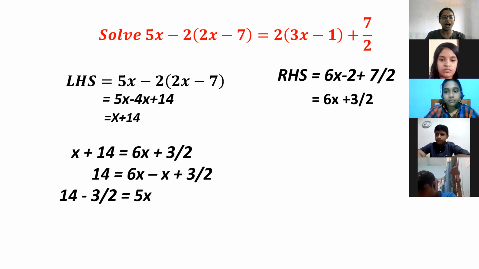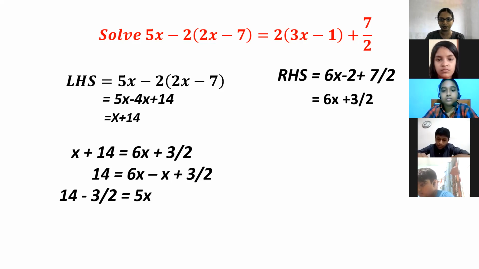Then how will you subtract 14 minus 3 by 2? We know the subtraction of rational numbers. Using the subtraction of rational numbers, we have to find the answer of 14 minus 3 by 2. 14 can be represented as 14 by 1. That is, 14 by 1 is a rational number.